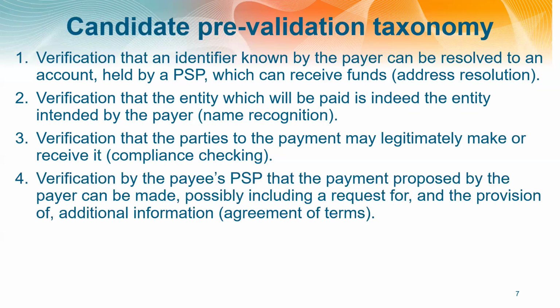The fourth is a verification by the payee's DFSP that the payment proposed by the payer can be made, which may include requests for and provision of additional information. And that's what we call agreement of terms. The sender, the payer institution, says, this is the payment that I propose to make.